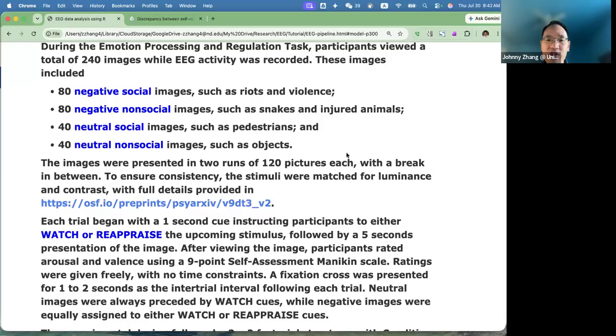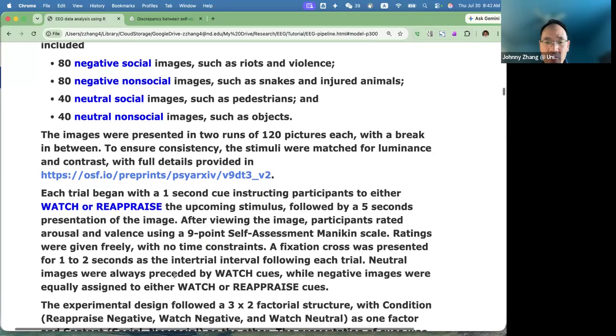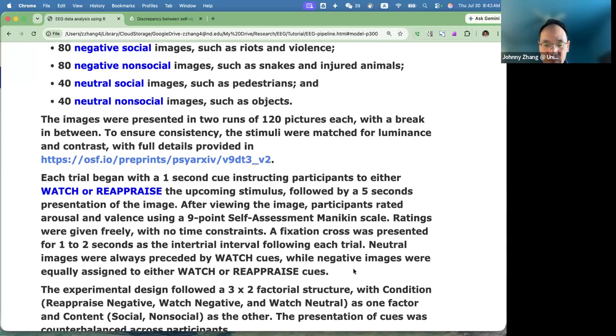For example, if the cue tells you to reappraise, the image will be showing for 5 seconds. And then after viewing the image, the participants rate their arousal and valence, and the information was recorded.